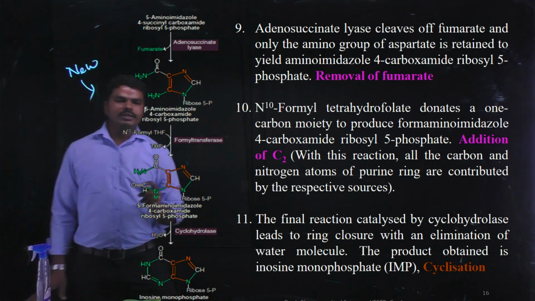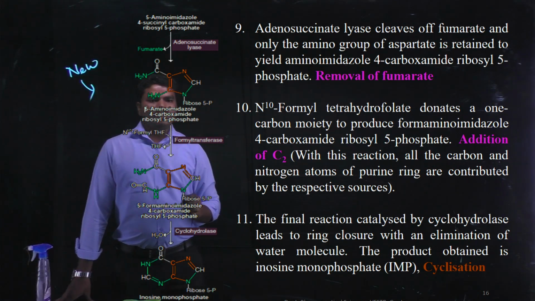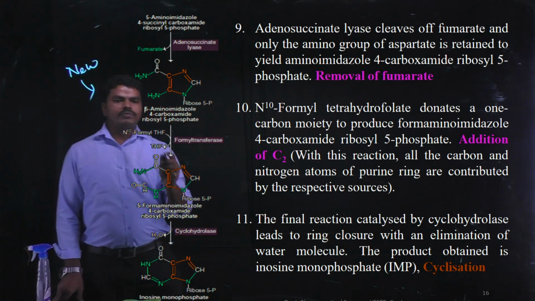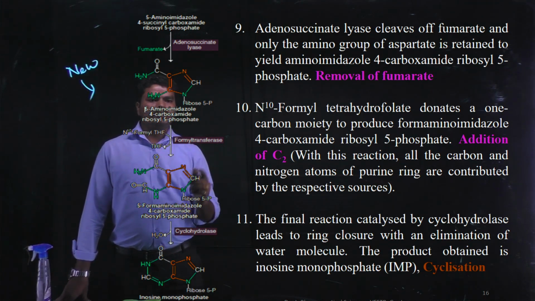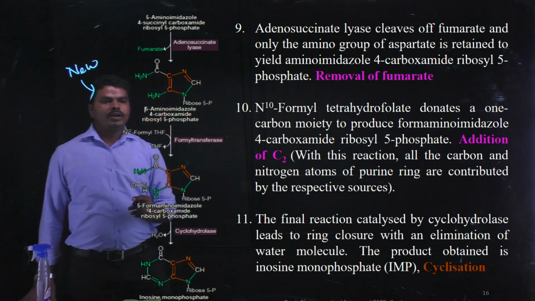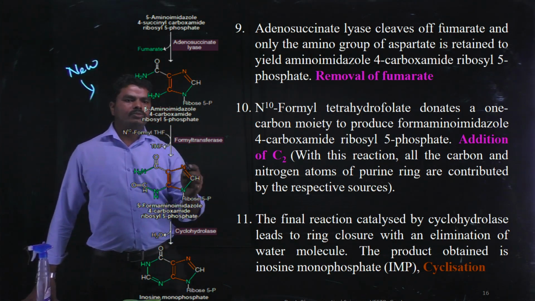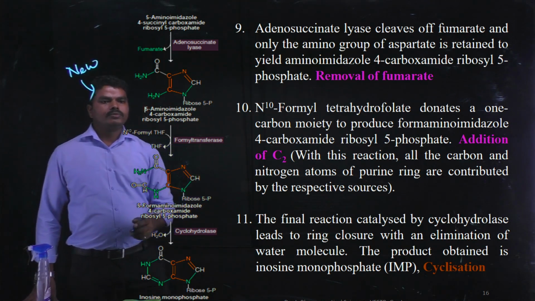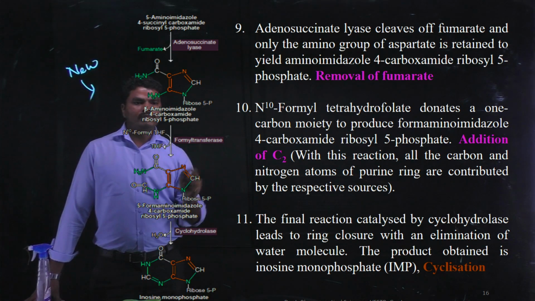And in the next step, there is a donation of one carbon moiety, obtained from N10-formyl tetrahydrofolate. Thereby it produces 5-formamido imidazole 4-carboxamide ribosyl 5-phosphate.